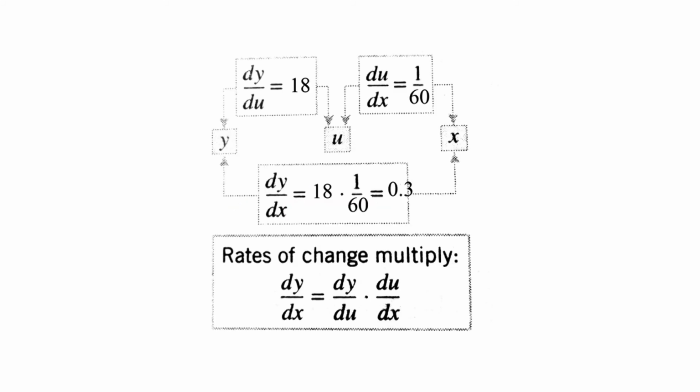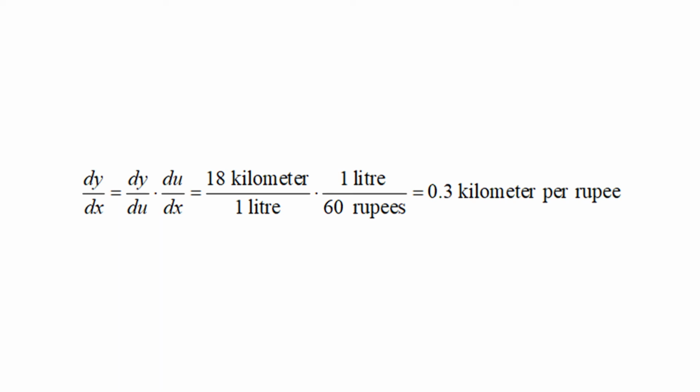You might be interested in how many kilometers you can travel per rupee, which is dy/dx. Intuition suggests that the rates of change multiply in this case. So, dy/dx = dy/du × du/dx = 18 km/1 liter × 1 liter/60 rupees = 0.3 km per rupee.